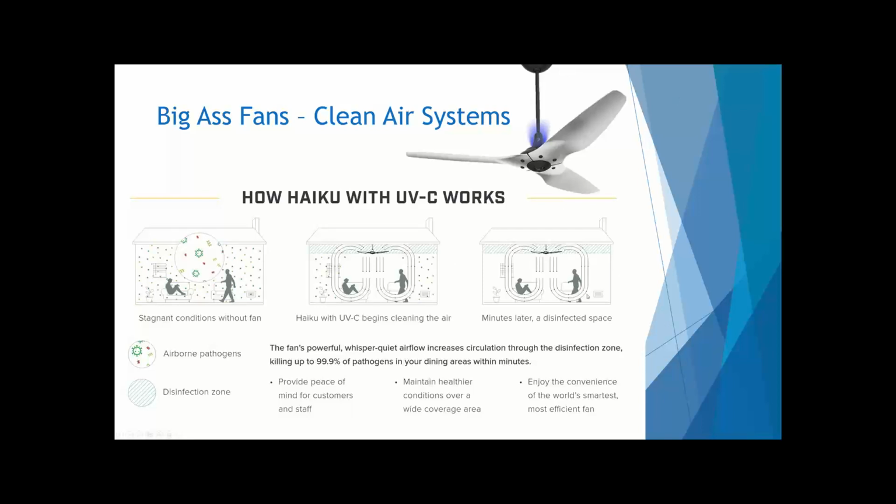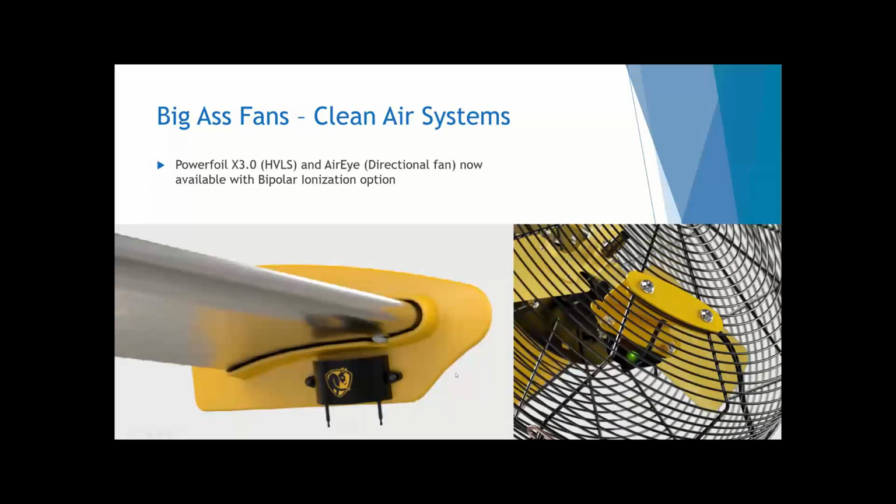If you have any interest in that, just let us know. And finally, they've also been able to add some bipolar ionization to some of their larger fans and directional fans as well. So that's something to consider as facilities are starting to open up. It could be a retrofit application, but also if you have clients that are interested in something like this, let us know.